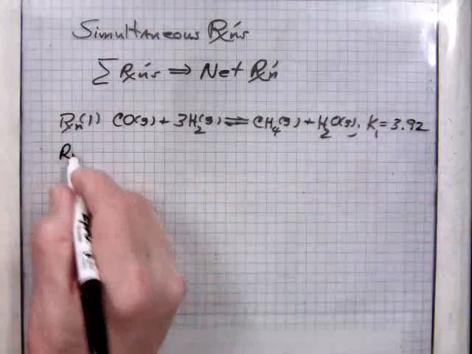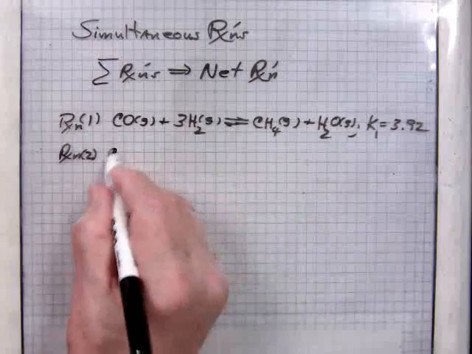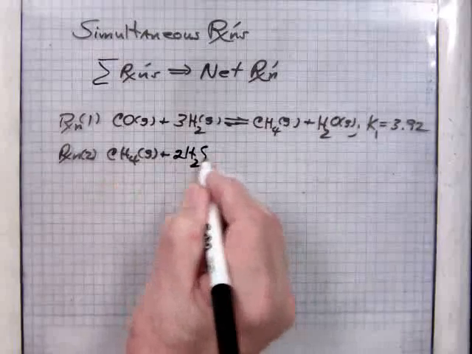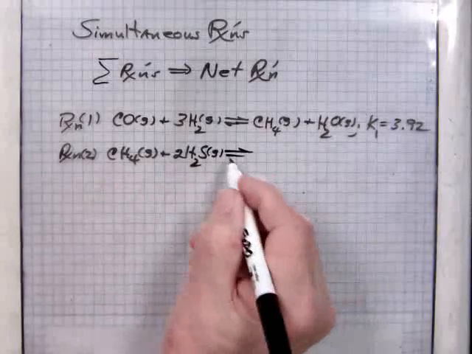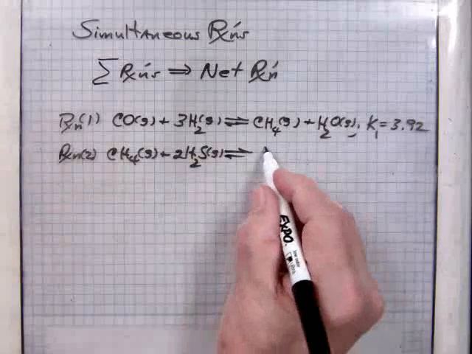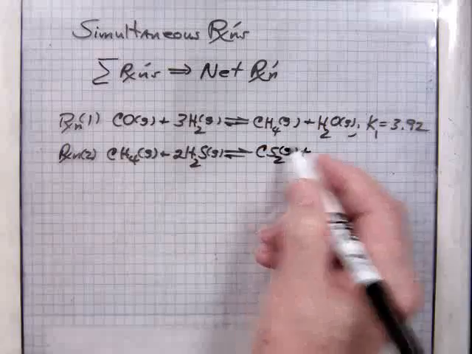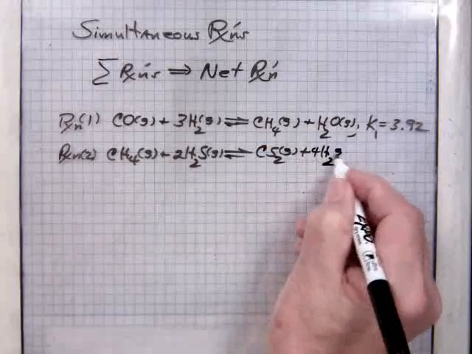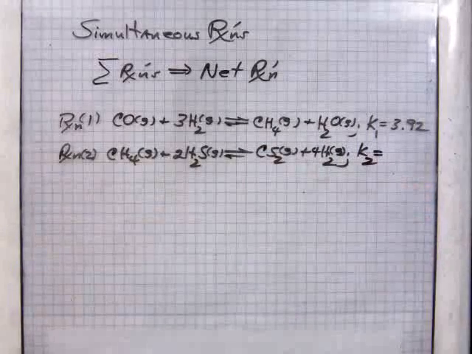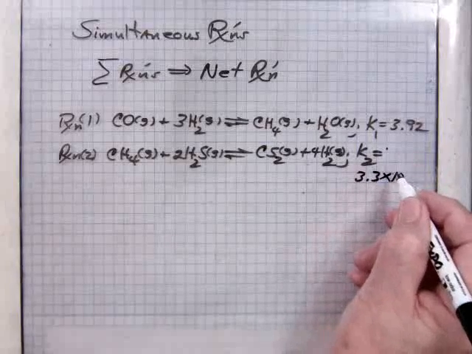Then reaction 2 is methane plus 2H2S gas goes to CS2, carbon disulfide gas, plus 4H2 gas like this, and you have K2 as 3.3 times 10 to the fourth.